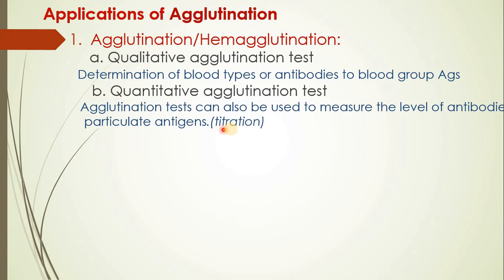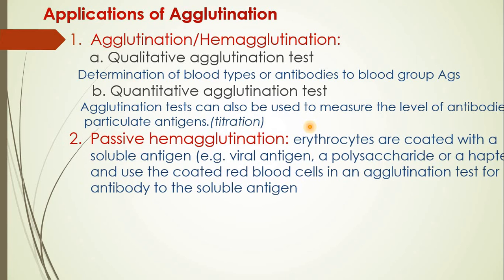The second is the quantitative agglutination test, and this helps in measuring the levels of antibodies against a particular antigen. That means the titer of antibody can be found out with the help of the agglutination reaction.